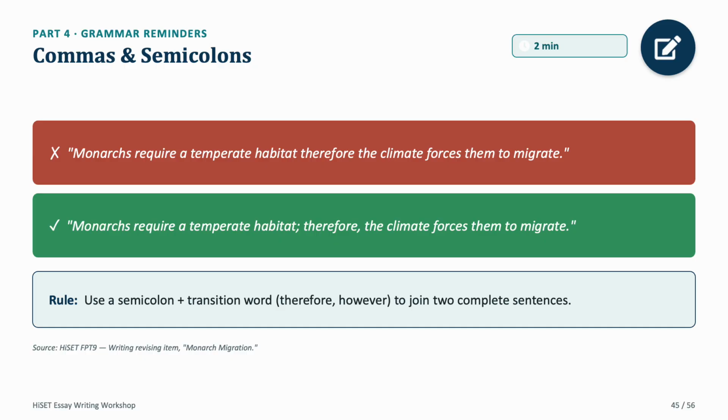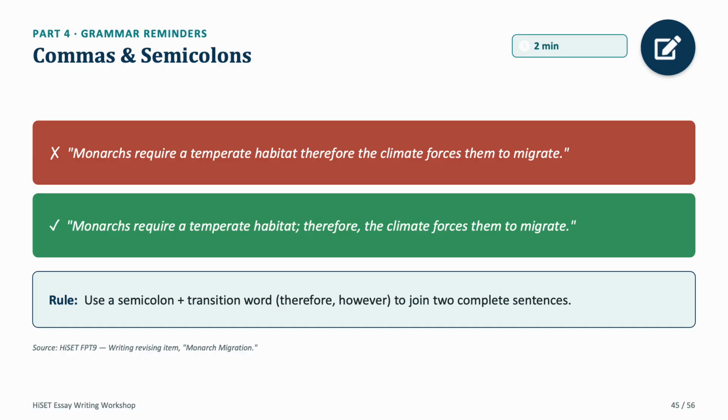We cannot simply put therefore between them without punctuation. Notice that a correct version is, monarchs require a temperate habitat; therefore, the climate forces them to migrate. End punctuation.